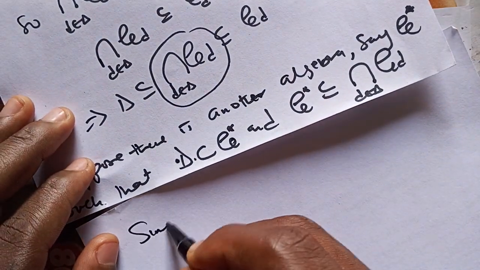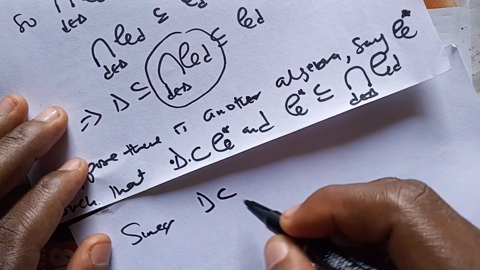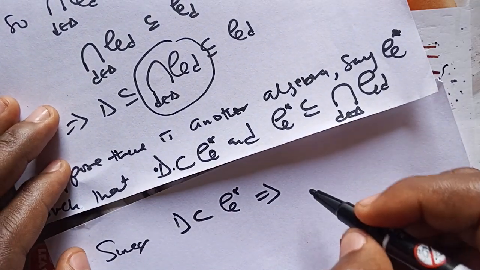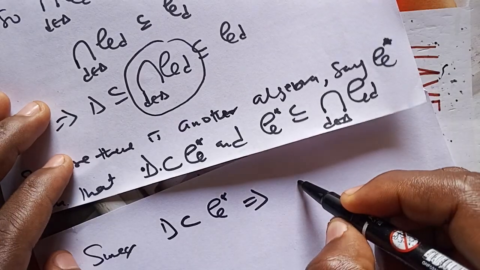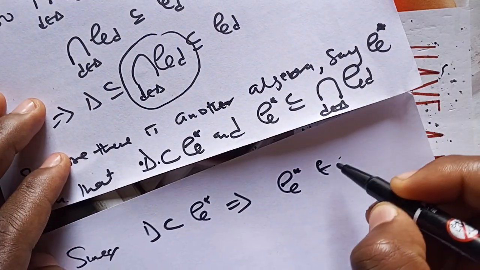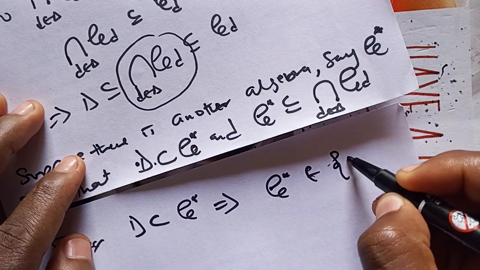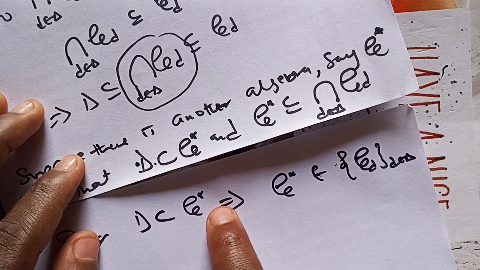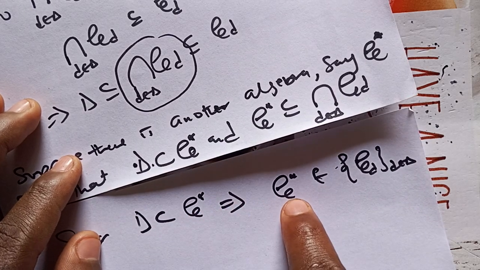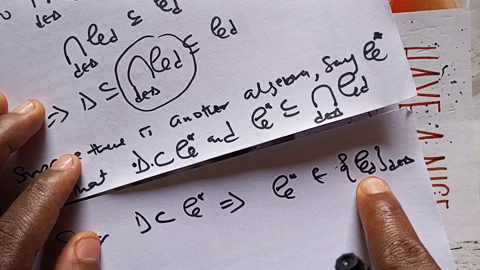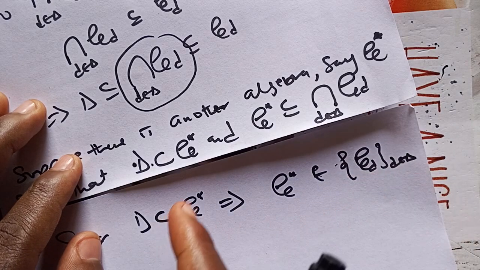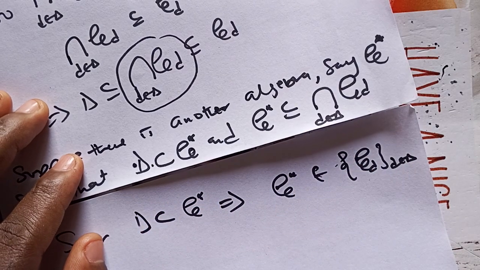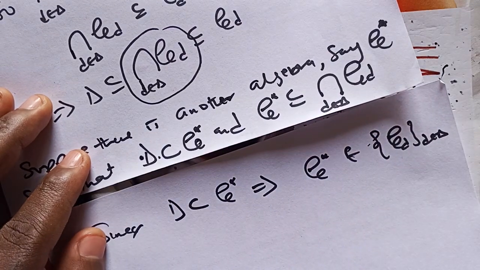Since D is a subset of this algebra, this implies that this algebra is coming from the family of algebras containing D. Because for this algebra to contain D, it must be in the family of algebras containing D.